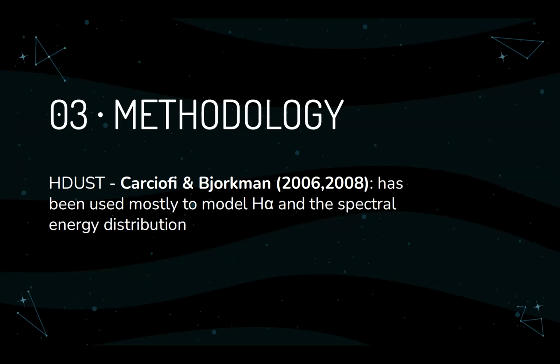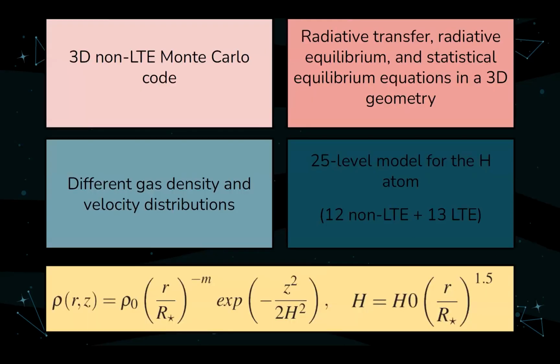There is a code, HDUST, that has been used mostly to model H alpha. There are some papers with Brackett gamma, and it has also been used to model the spectral energy distribution, but it hasn't been used to model a lot of lines at the same time. So that's why we are doing that.